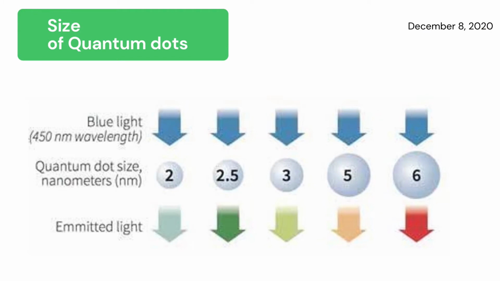If we follow a specific wavelength of light, like you can see in this figure, blue light, which is a wavelength of 15 nanometer, falls on these quantum dots, they produce different colors.